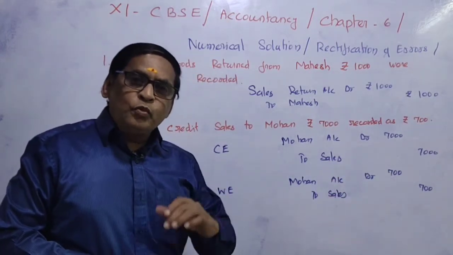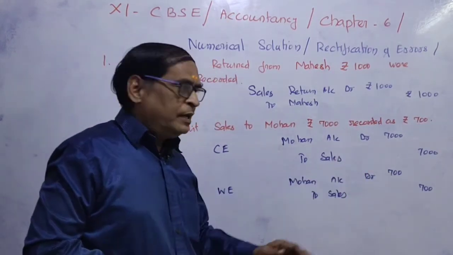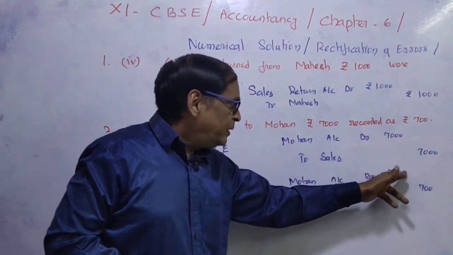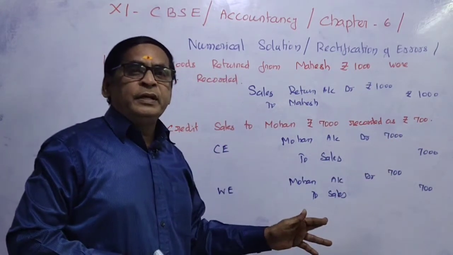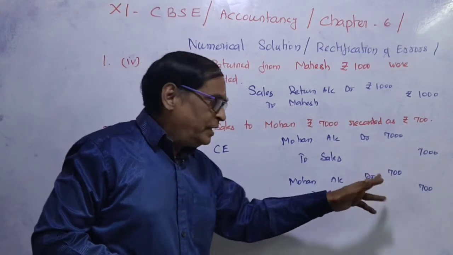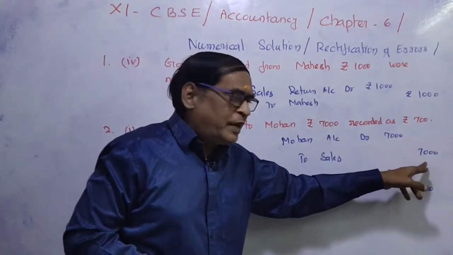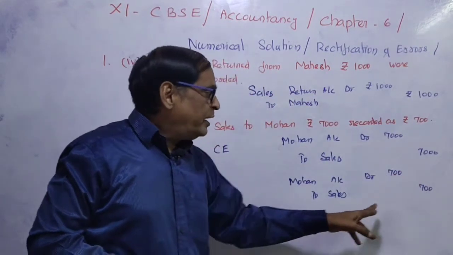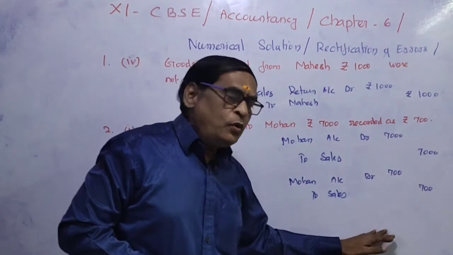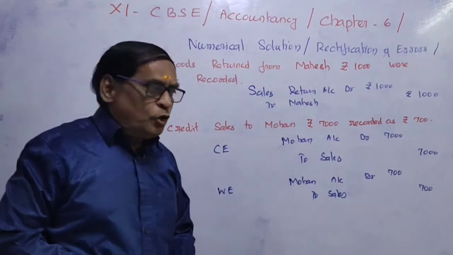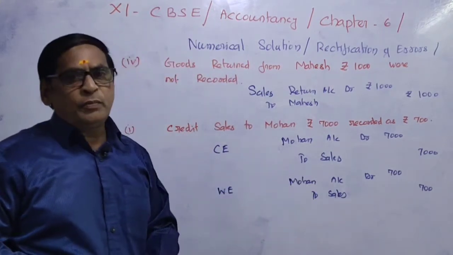So we have to pass one more entry for the difference. Instead of debiting the Mohan account 7,000, they debited 700 rupees, so 6,300 rupees must be debited to the Mohan account. And sales also, instead of crediting 7,000 rupees, they credited only 700 rupees, so 6,300 rupees must be credited to the sales account.